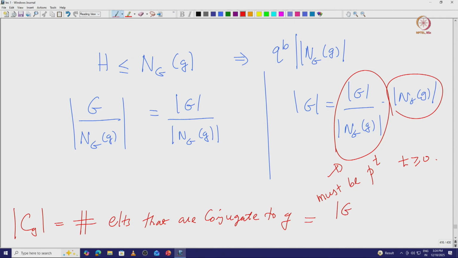So this is exactly the cardinality of G divided by the cardinality of N_G(g), which is exactly p^t with t greater than or equal to 0.